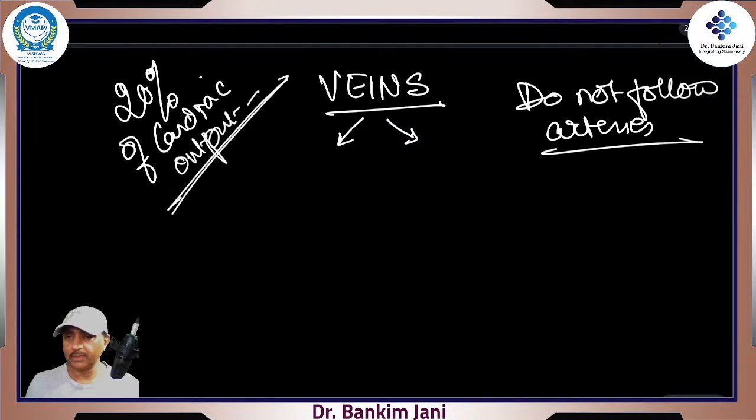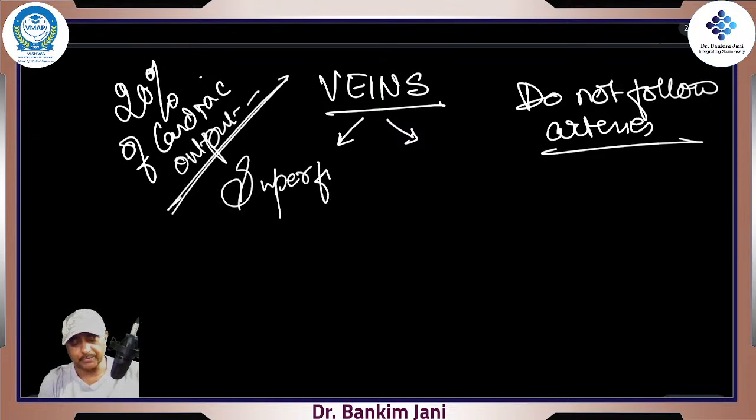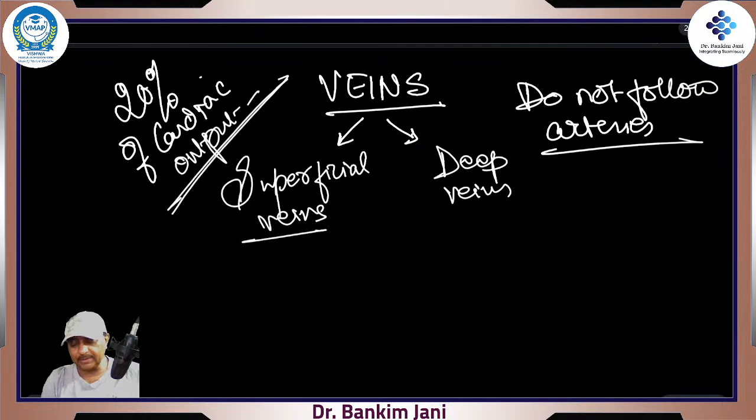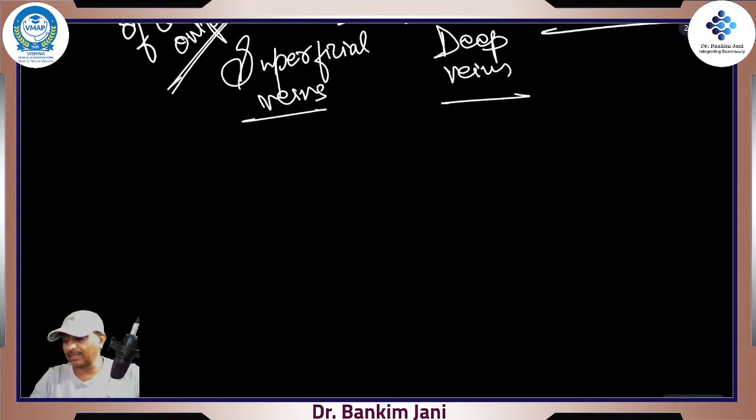It consumes a large amount. So these veins are divided into two parts. One would be the superficial, and second would be the deep veins, simply from their locations. But there are a few specialities of these veins of the brain, not like other veins of the body.